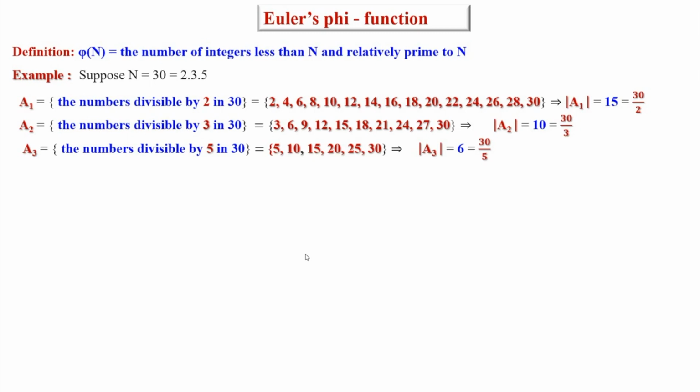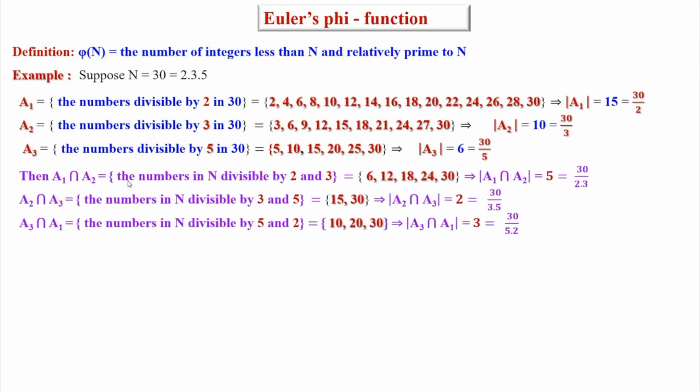Now if we want to find the set of all numbers in n, here 30, divisible by both 2 and 3, then we have 6, 12, 18, 24, 30. So the number of elements in the intersection is 5, and again this is nothing but 30 divided by 2 into 3.